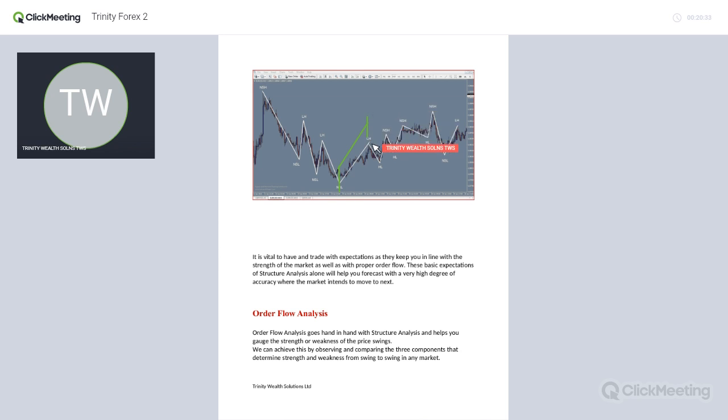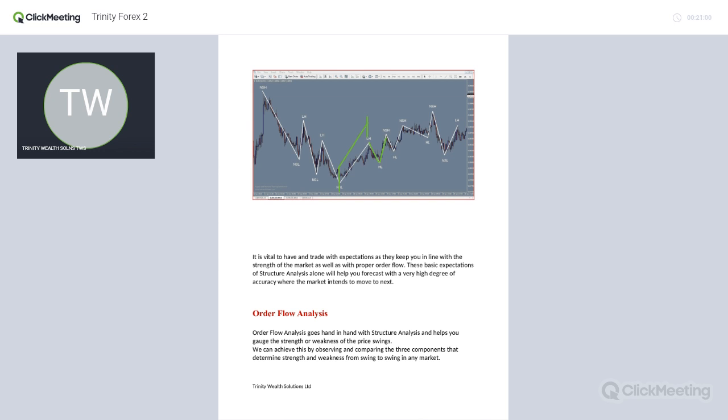So the market retraces and forms a higher low. When it forms a higher low, because this is an uptrending market, we expect that when it resumes, it will form a higher high, which is now called a new structure high, because it is higher than the previous high within our market structure. So every successive high which is higher than the previous high, we call a new structure high.